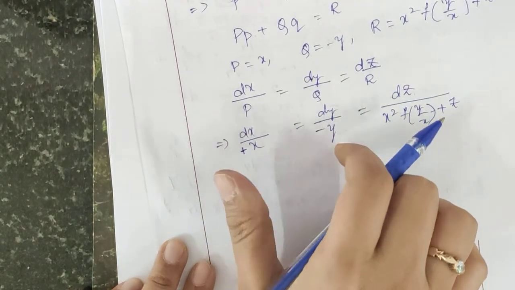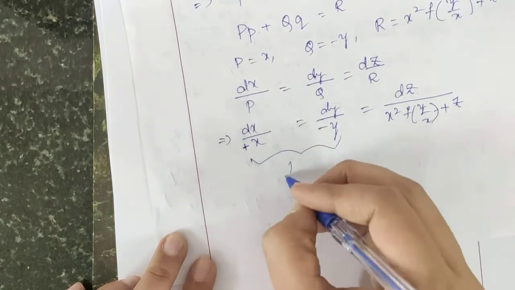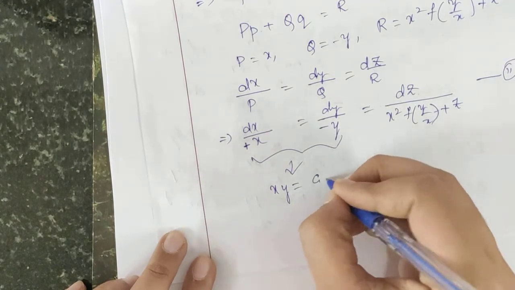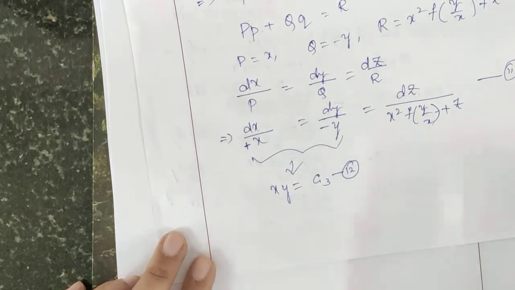Consider these two equations. If you consider these two equations, you will get the solution xy is equal to c3. Call this equation number 12.